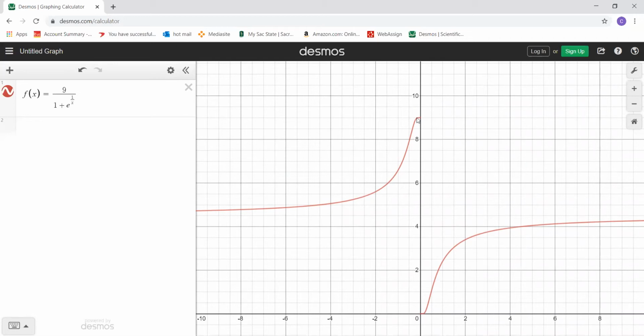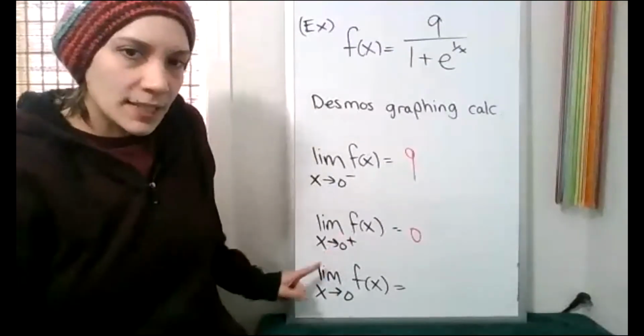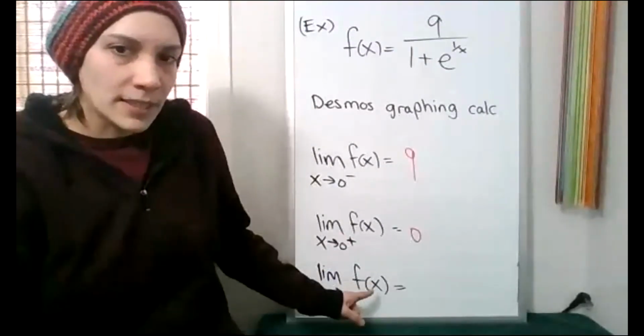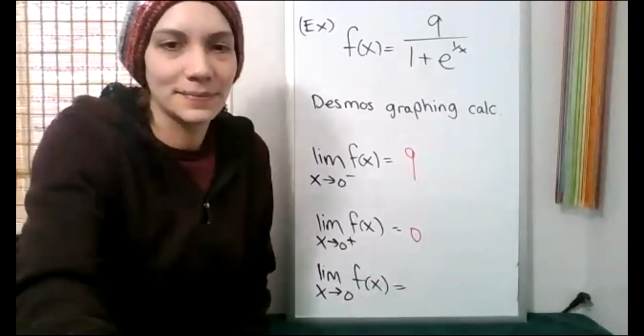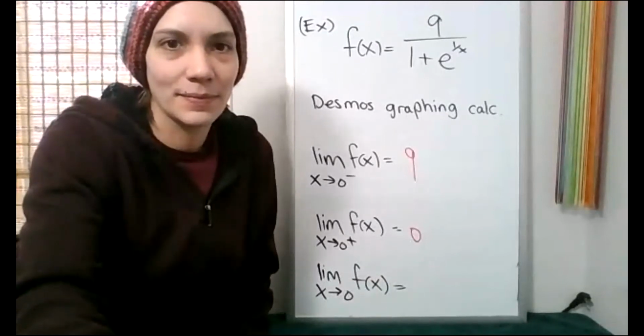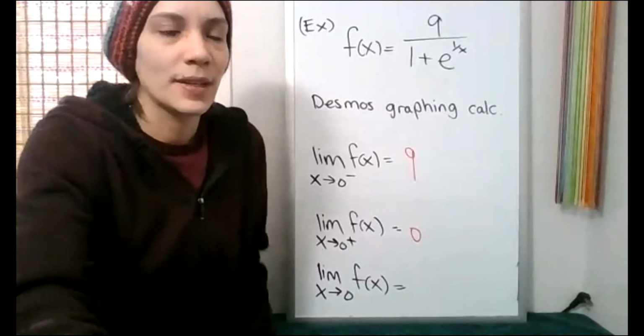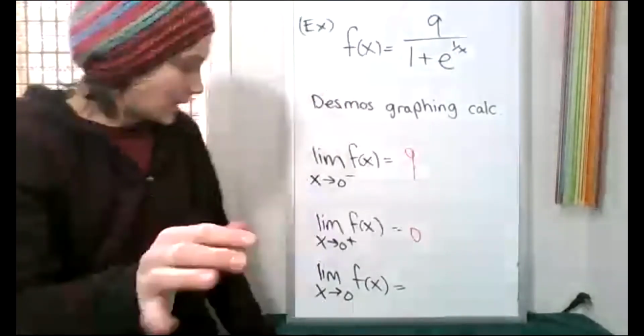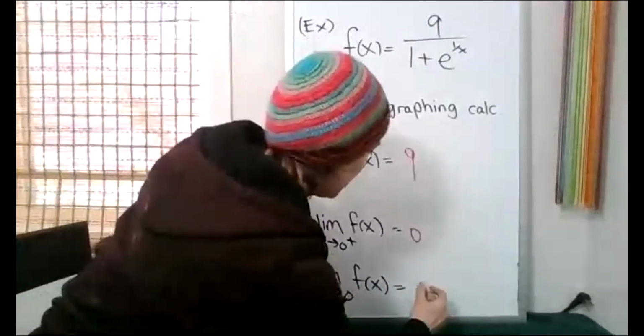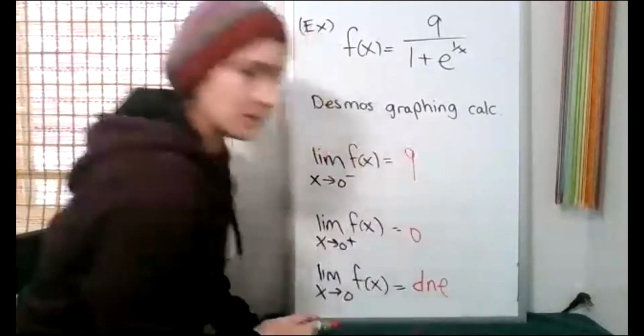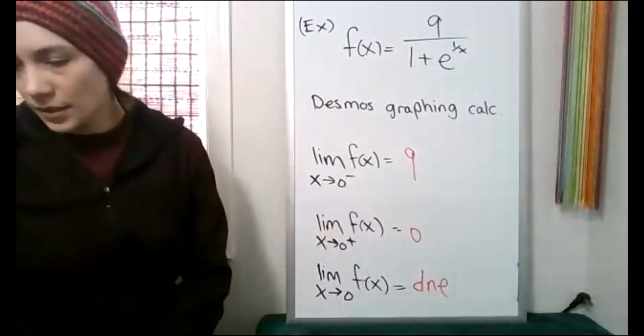And since the limit on the left is not equal to the limit on the right, the limit as x goes to 0 of f(x) does not exist. Oh, cool. And also, I've got the chat back up, and that's all done. Let's go on.